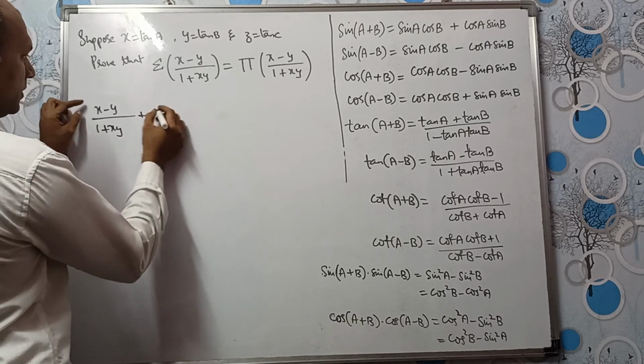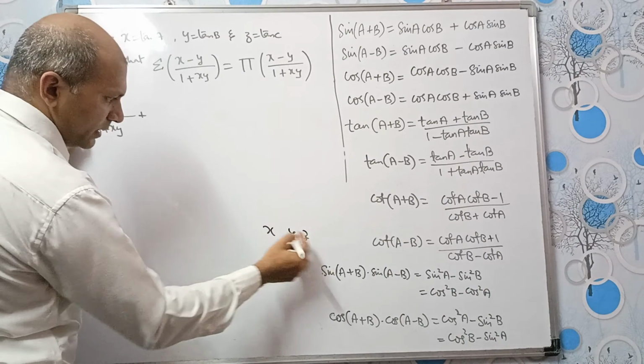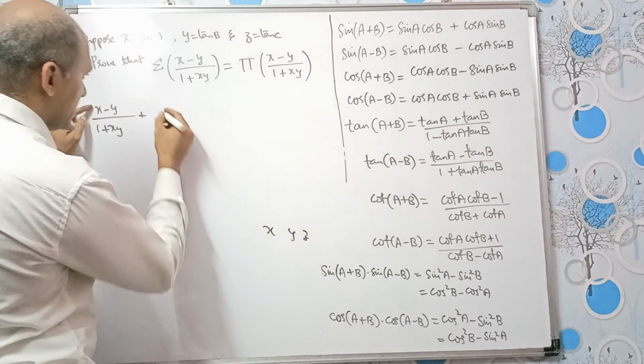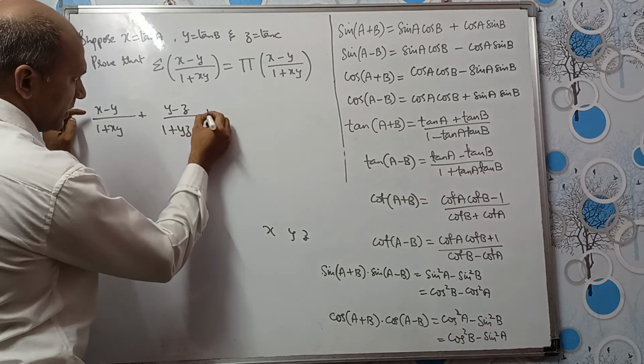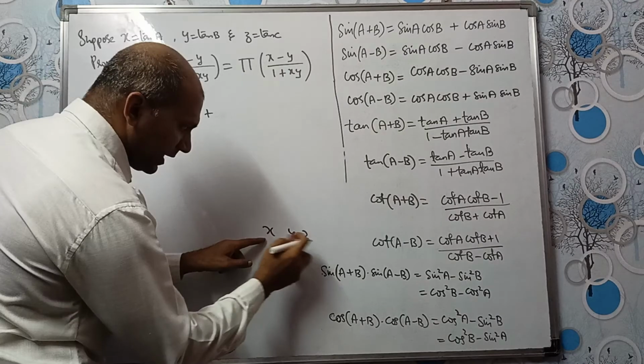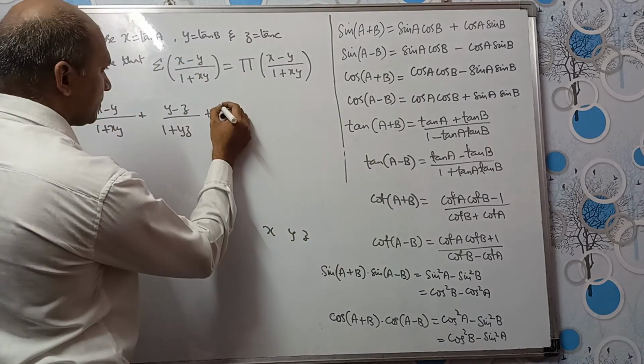Summation means plus, right? So x minus y we did. See, if you have x, y and z, x minus y we did. Now y minus z by 1 plus yz. Now z minus x, in order: x minus y, y minus z, z minus x.